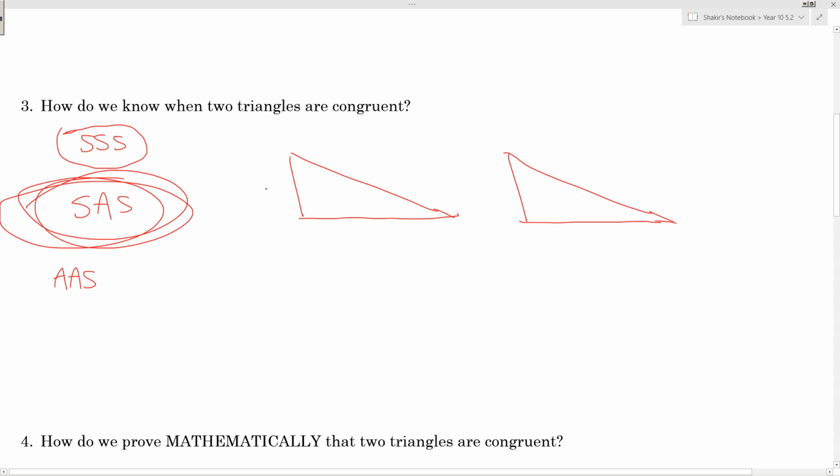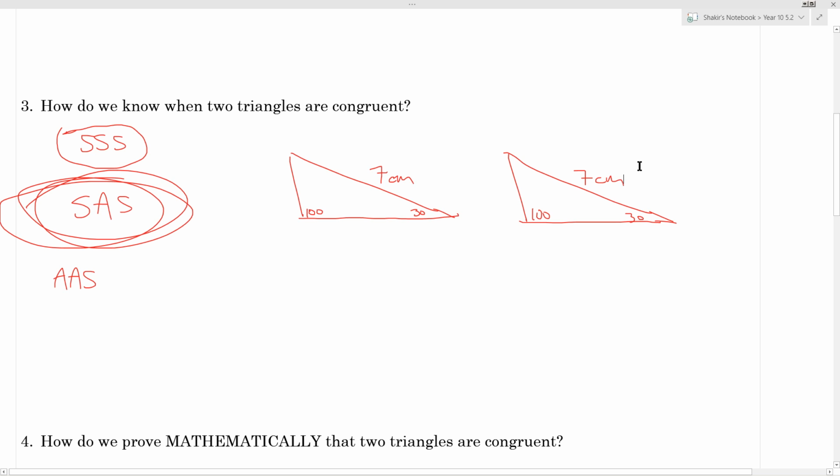So for example, let's say this is 100, and let's say this is 30, and that's also 100, and this is 30, and you have a side, any side, it doesn't really matter. Let's say, for example, that's 7 centimeters, and let's say that's 7 centimeters. Then by virtue of angle side, we can say for a fact that those 2 triangles are congruent.